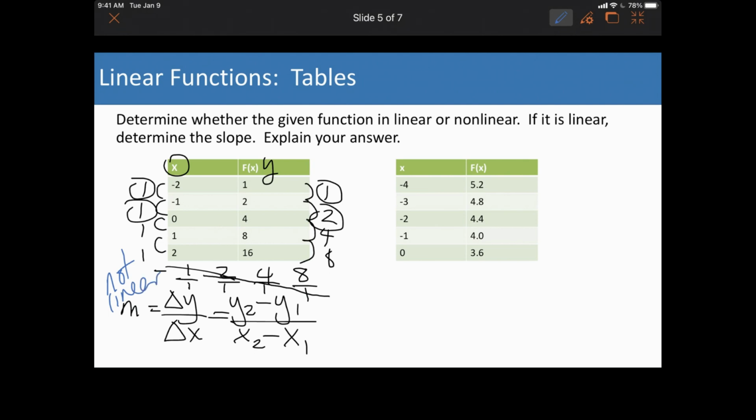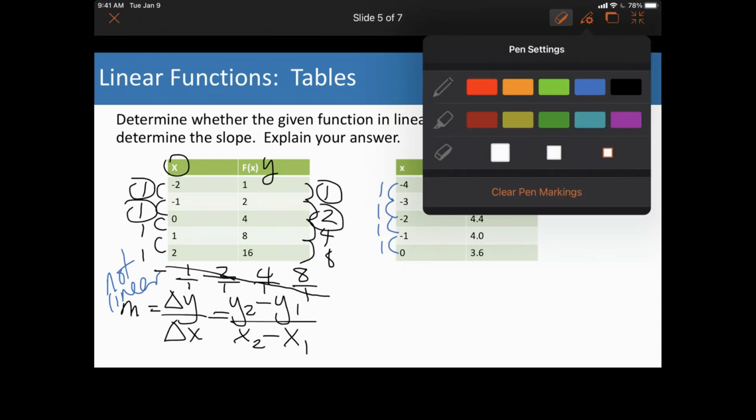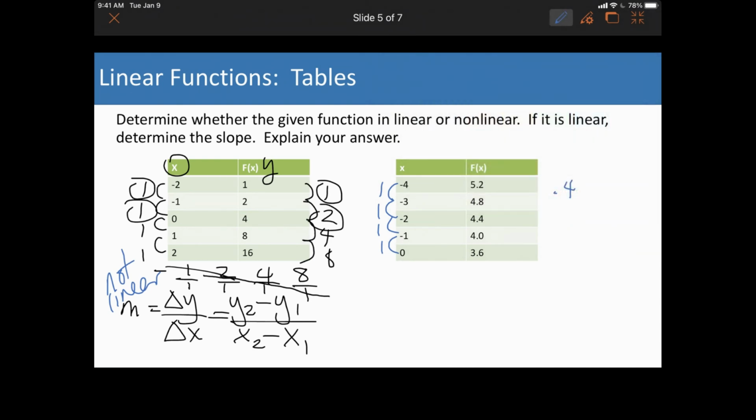So let's try this next one. Okay, so this one's 1, 1. Does this confuse you, my little c's? Okay, then I won't do it on this side. So if I'm just subtracting, I'm going to get a negative 0.4. Oh, it's not a negative 0.4, it's just 0.4, right? And then the next two numbers, I also have 0.4, and then 0.4.